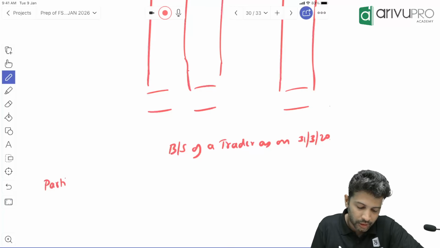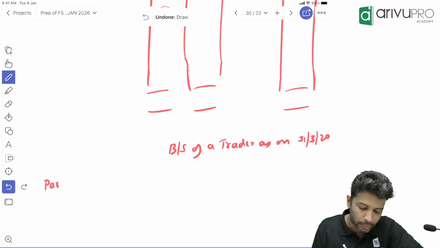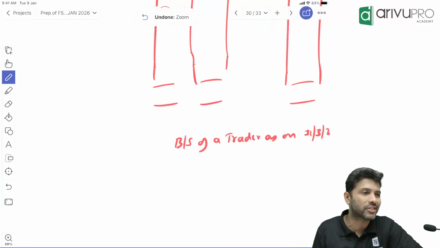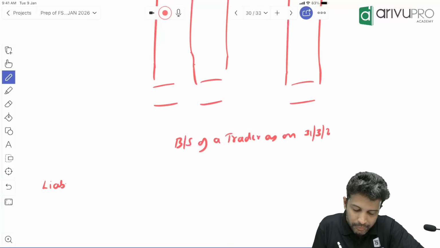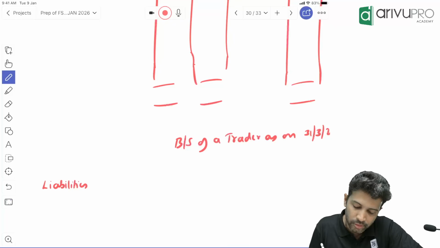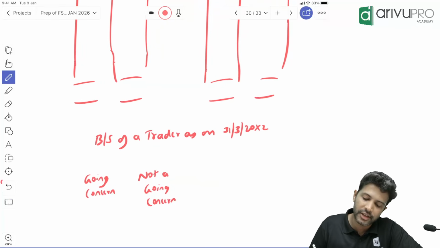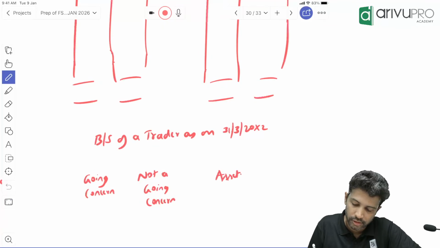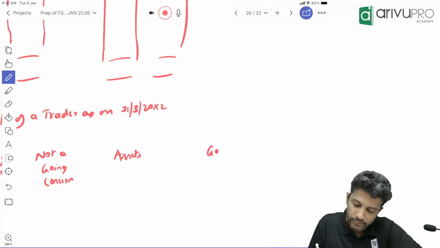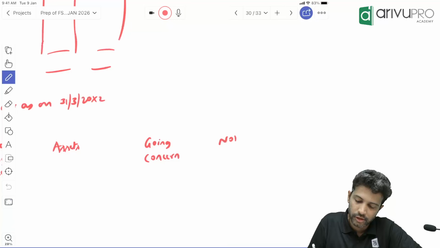What do you used to write for balance sheet format? Liabilities, amount, assets, amount. Don't write liabilities amount; write liabilities, and the next will be going concern, and then not a going concern. Similarly, on the other side, you'll write assets, then going concern, not a going concern.